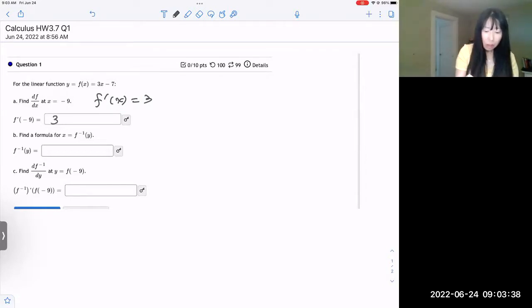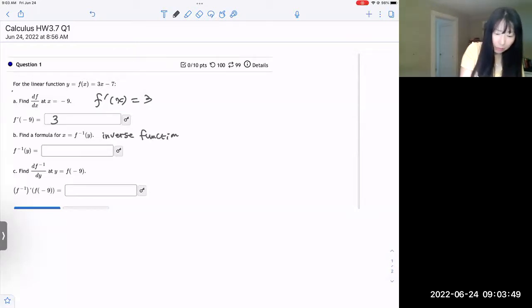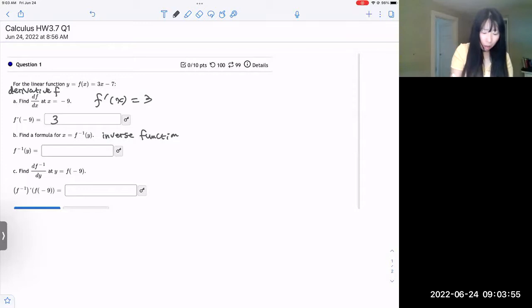All right. Second one, we're going to find the inverse function, right? So we find the derivative of the function. Let's say that y equals 3x minus 7.